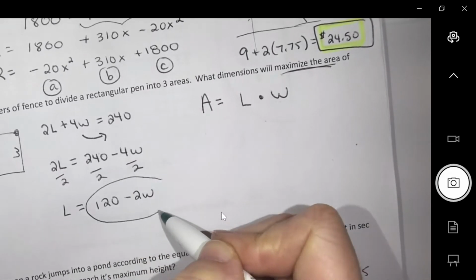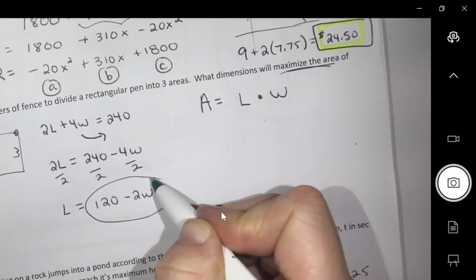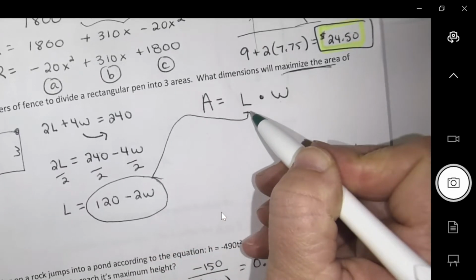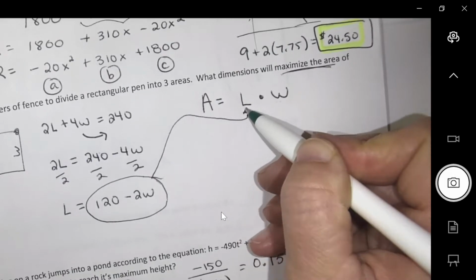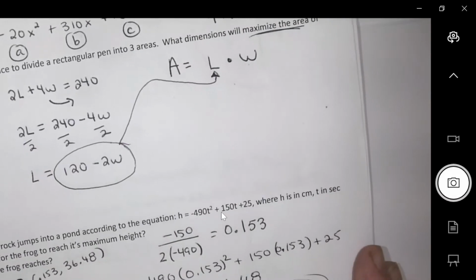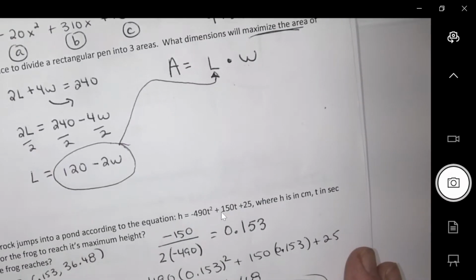So that's good. We have something alone. So we're going to take this statement here. Does this make sense in math? I'm going to now go over there and replace the L. Is that legit in math? Can I do that? If something is equivalent, I can make a replacement. Does that make sense?